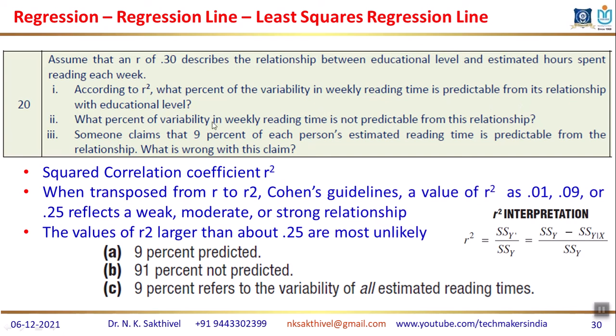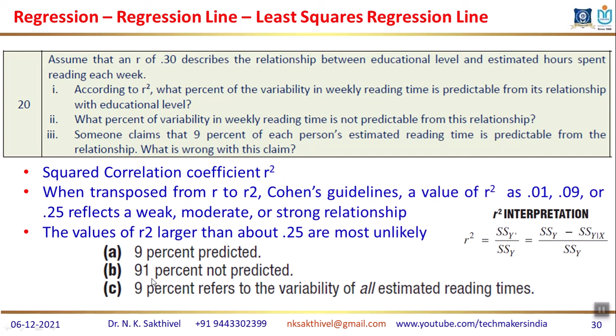And the next question: what percentage of variability in weekly reading time is not predictable? This question is very important. What is predictable? 9%, isn't it? Because the predictable part is 9%, the not predictable level is 91%. Understand me? 100 minus 9 is 91.